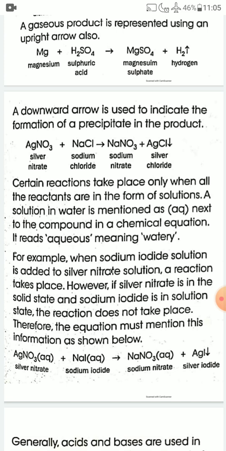So the reaction will be AgNO3 plus NaCl arrow NaNO3 plus AgCl. And as AgCl is a solid white precipitate, you have to use a downward arrow.